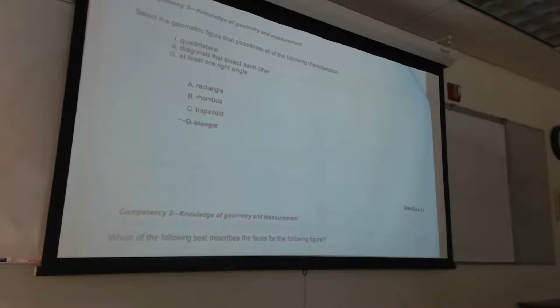What does bisect mean? Bi meaning two. So a bisection means it cuts them exactly in half. So their diagonals cut each other in half. And it has at least one right angle.